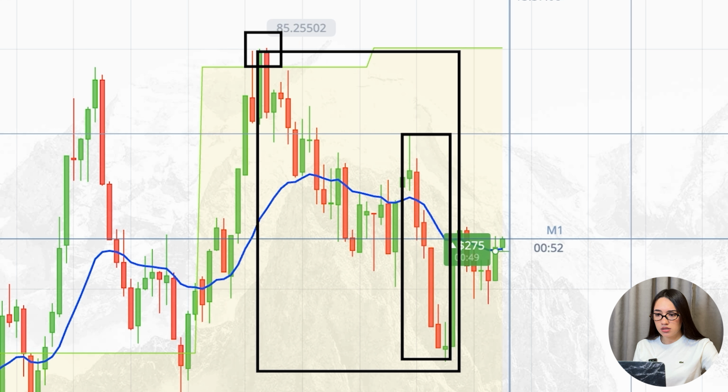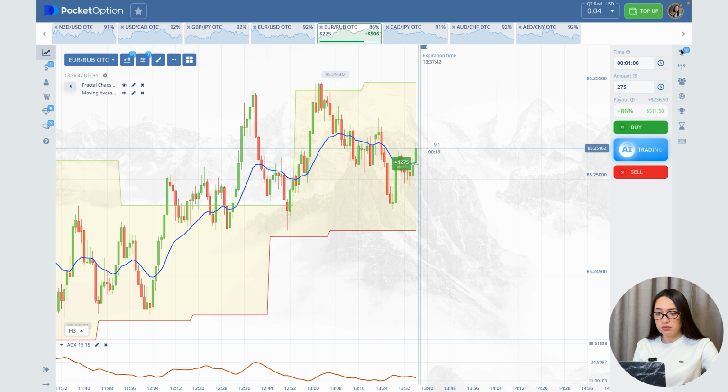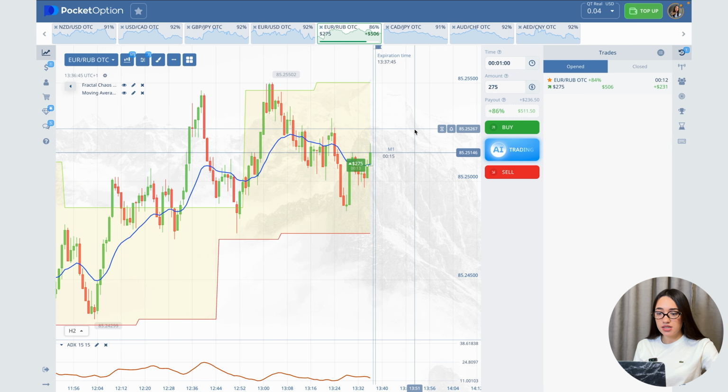And what next? Then we see that we still have in this area the sliding average crossing from below up. So here we can open up to the uptrend, and watch for the result here.